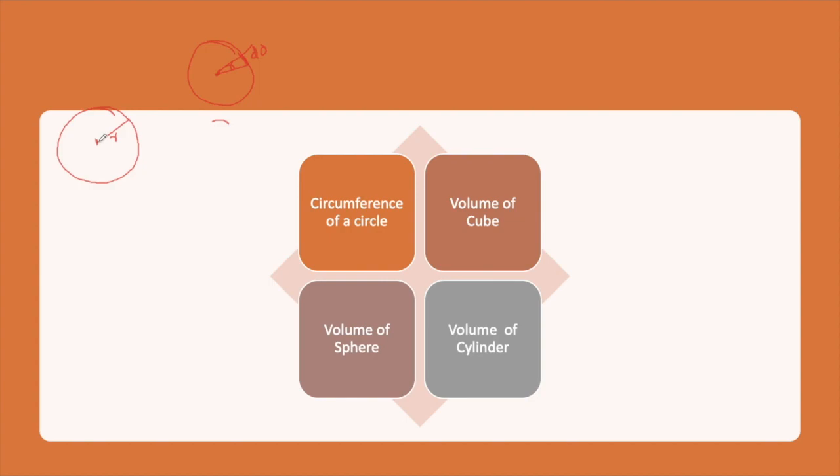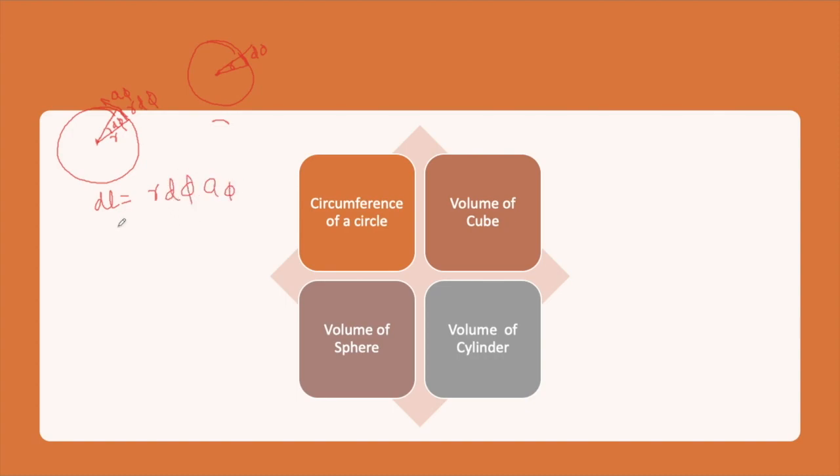Suppose this one angle is d phi. What will be the arc length here? It will be r d phi, in the direction of phi. So dl will be equal to r d phi a phi.